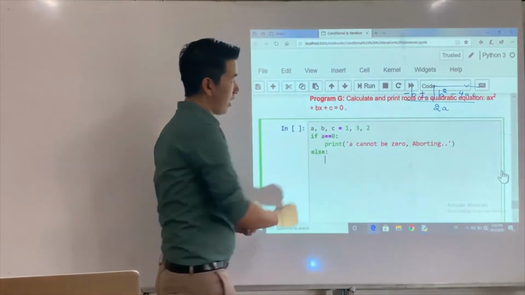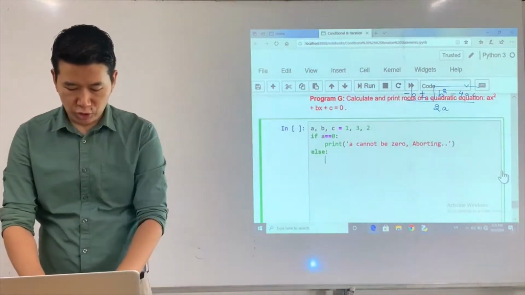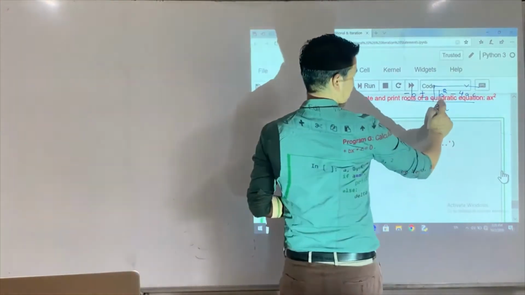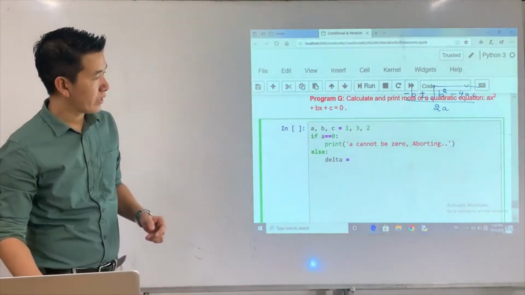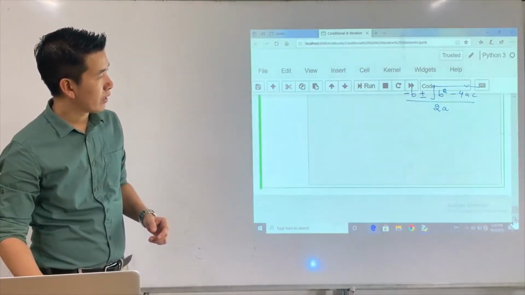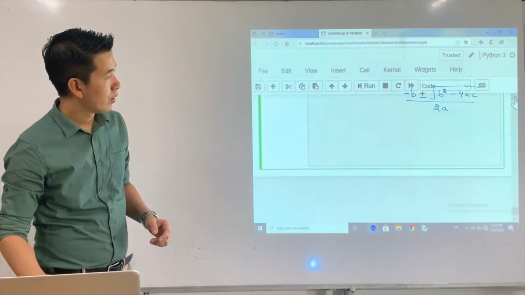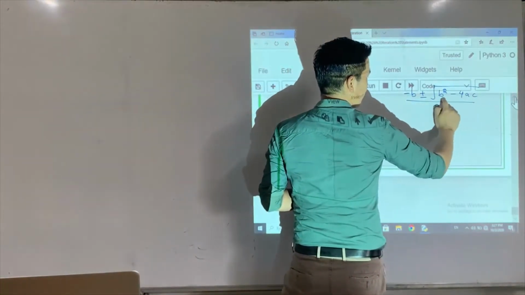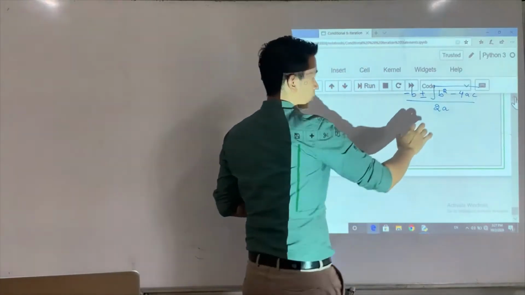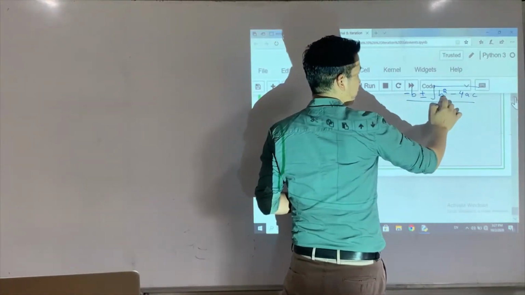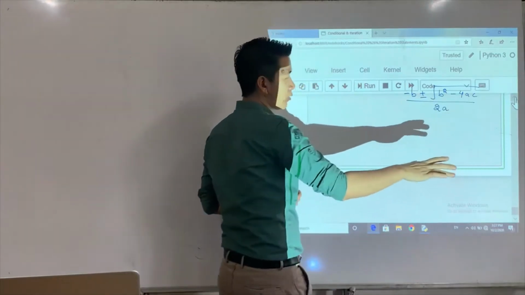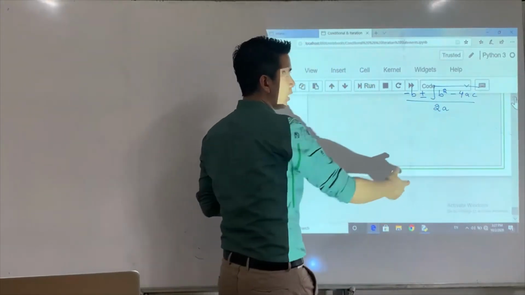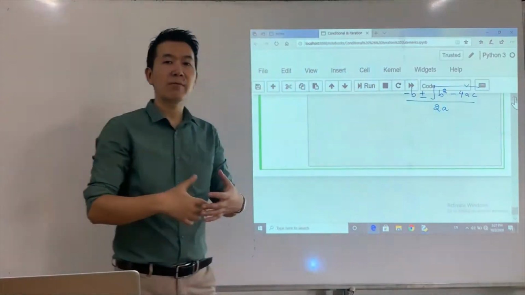Now for this, what I do is I calculate the value of delta. I check this, b square minus 4ac. Just look at this, okay? Oh, sorry. If the value of b square minus 4ac is a negative number, after substituting b, a, c with their respective values, if b square minus 4ac results in a negative number, square root of a negative number is an imaginary number.